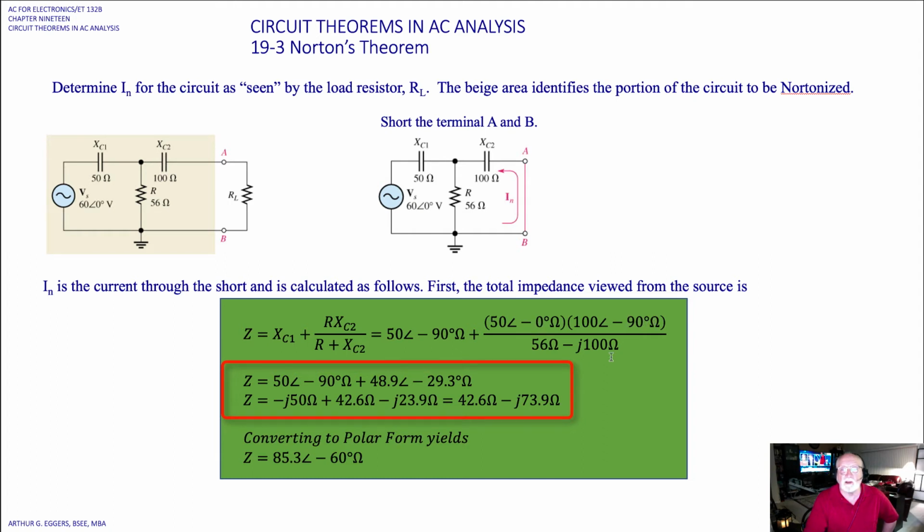We end up with 50 at an angle of minus 90 degrees ohms plus 48.9 at an angle of minus 29.3 degrees ohms.